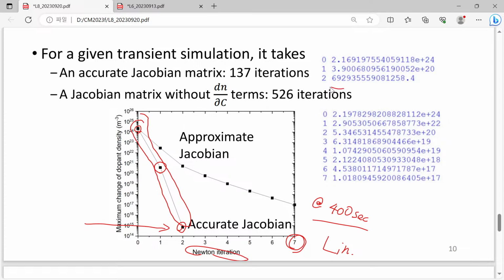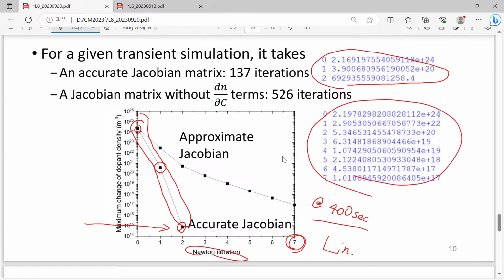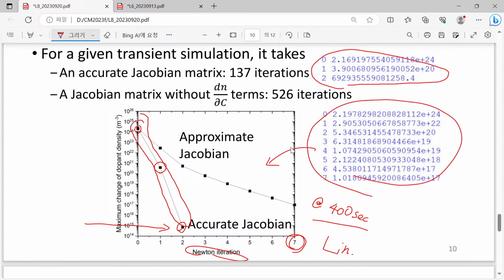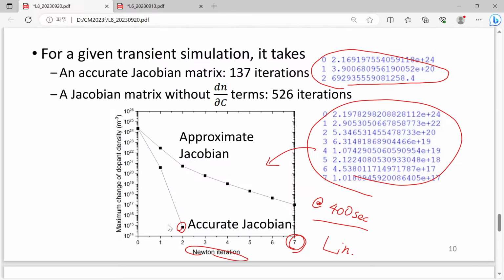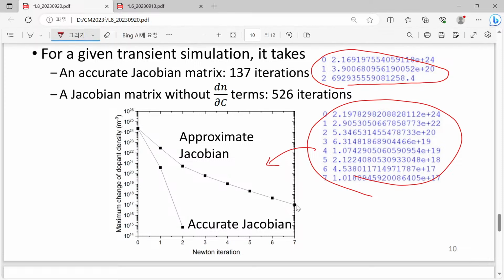So simply speaking, I have drawn this and that information into this graph. My suggestion is please implement this approximate one first, because it is much easier to implement. Although your Jacobian is approximate, your solution is good enough as long as you spend a sufficient number of iterations.